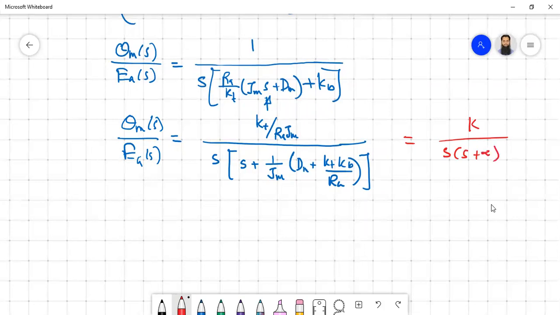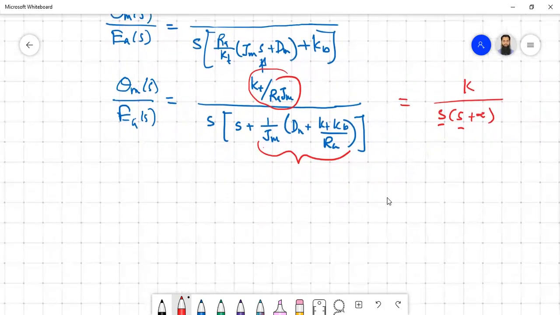So this is your K, and this is your alpha. A simple two-pole system is your DC motor, fixed field, or actually separately excited, or permanent magnet DC motor as well. So this is your corresponding transfer function.